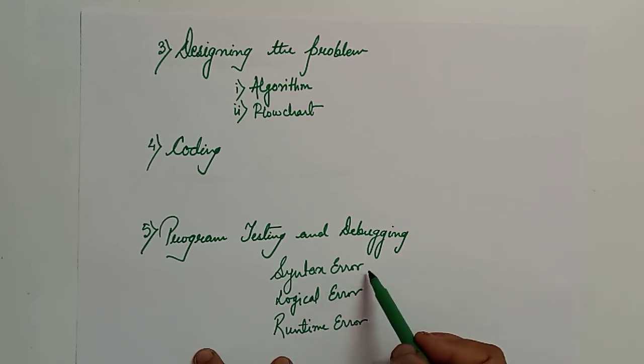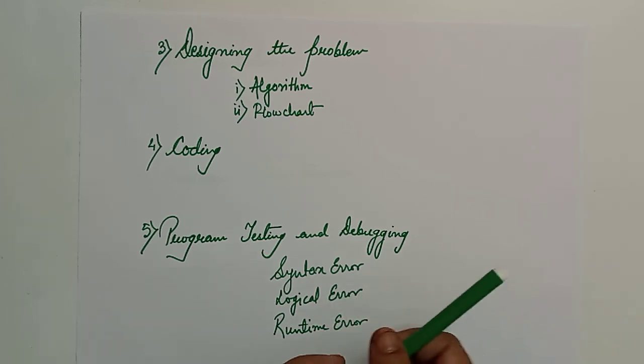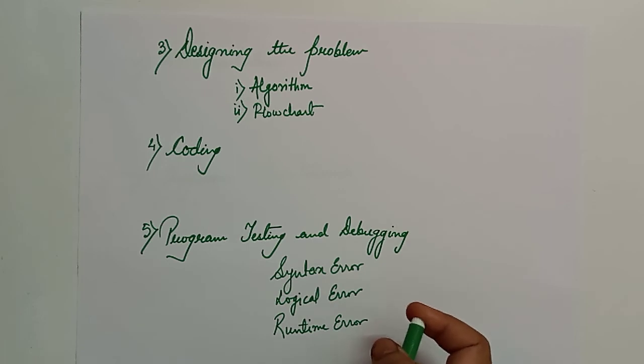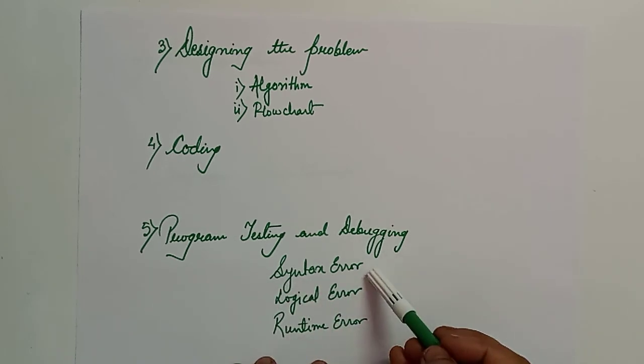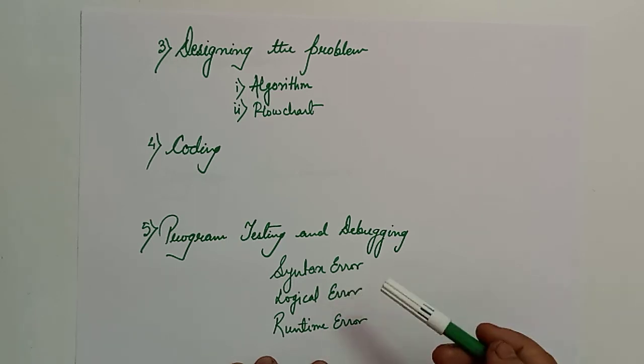Let me explain what a syntax error is. When we write code, we have to follow some syntax rules. Just like in C programming, it is mandatory that after every instruction we give a semicolon. If the semicolon is missing, that is called a syntax error.